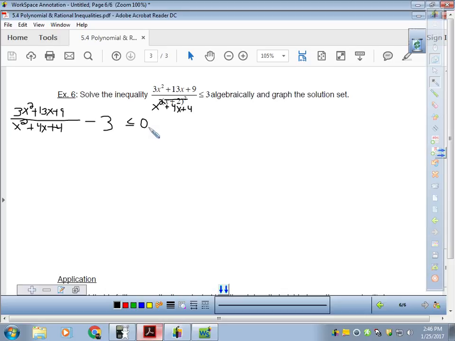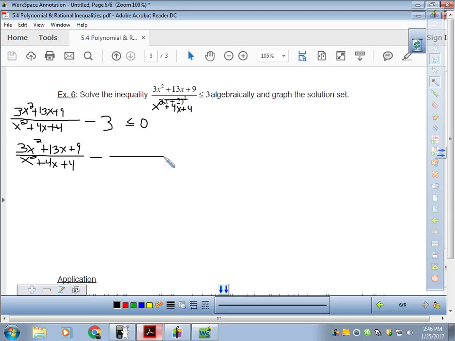But now the next step is I need to get a common denominator so I can combine these two fractions together. The common denominator is going to be this denominator, x squared plus 4x plus 4. So this first term is not going to change. It's still going to be 3x squared plus 13x plus 9 over x squared plus 4x plus 4.